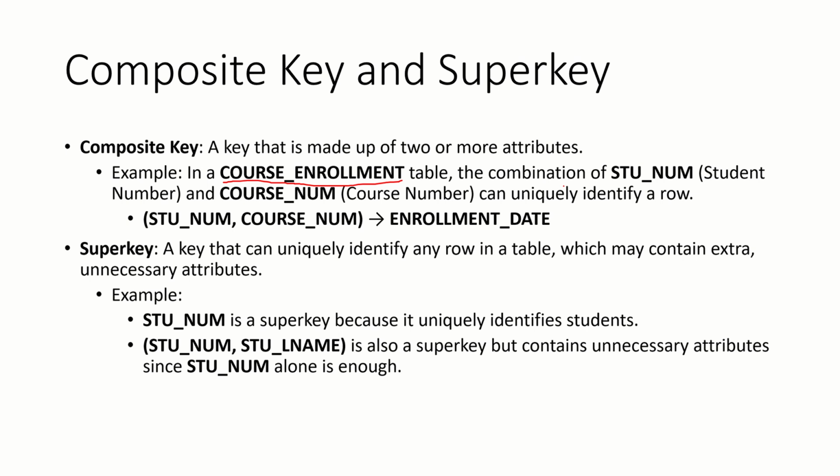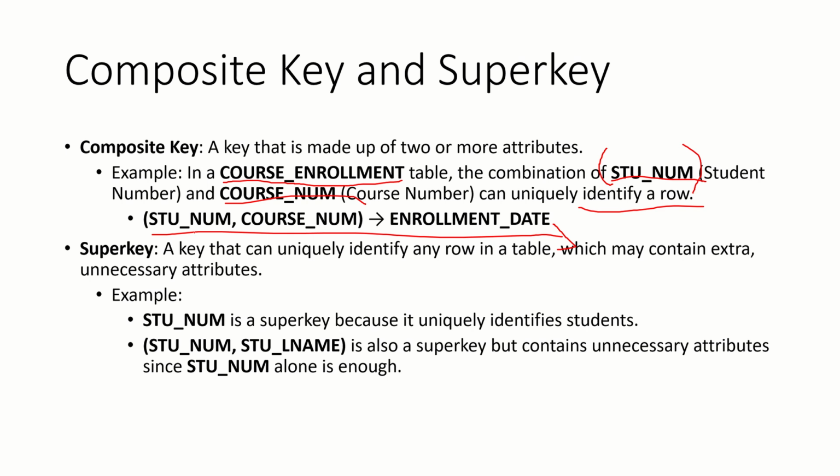This table could combine the student's number and the course number. If you have a student's number and the course number, you can identify each row. You can determine it in the row, such as the enrollment date.